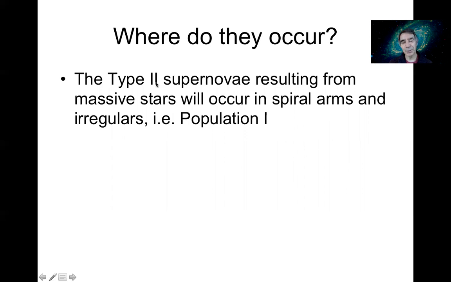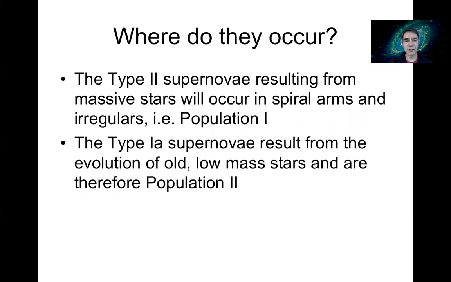Okay, so the type 2 supernovae come from the population 1 stars, and as sure as night follows day, the type 1 supernovae actually arise from the population 2 stars, because type 1 supernovae are coming from these old white dwarfs that are getting pushed over their limit.